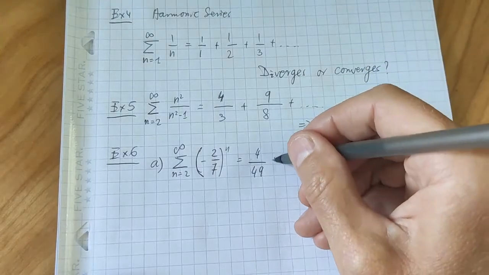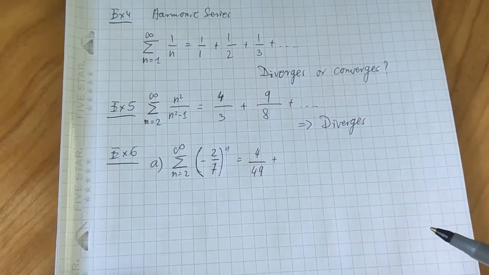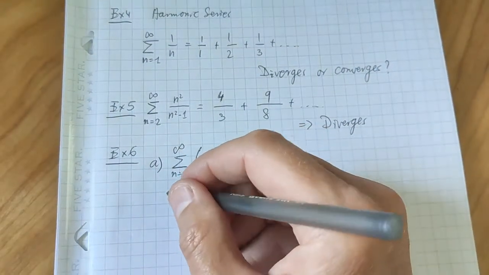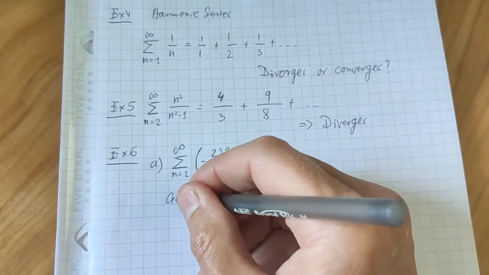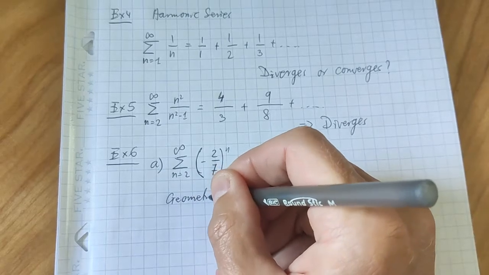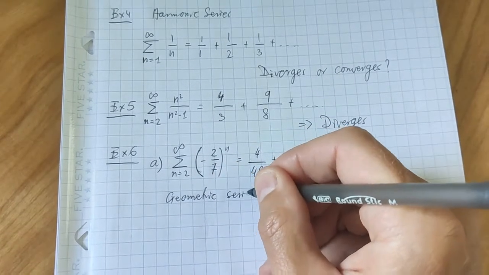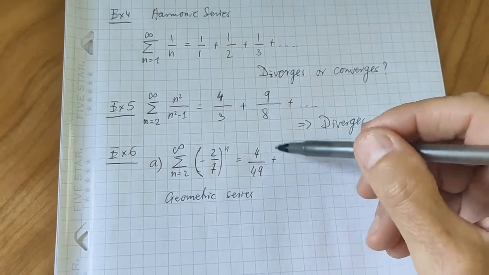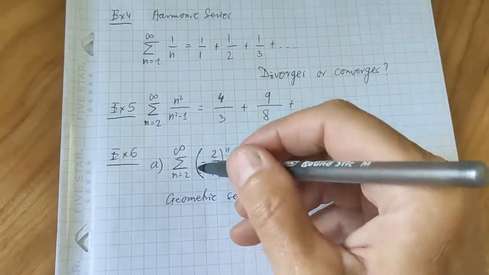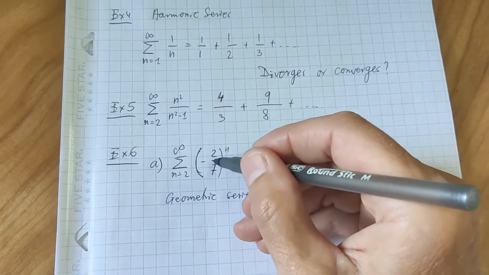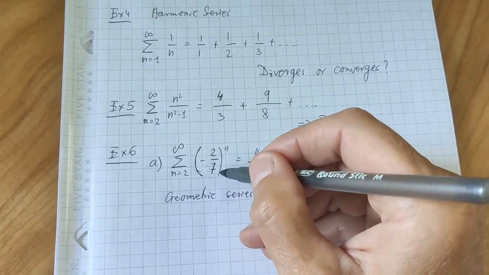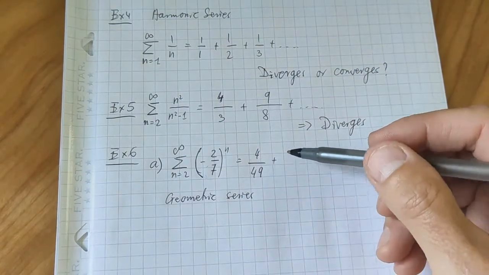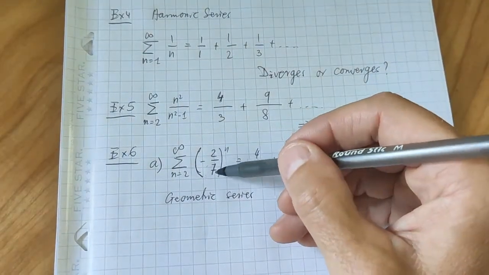So you can kind of see that the terms are getting closer to 0. And if you look at it closer, you can see that this is a geometric series. The terms are getting closer to 0 because the denominator will get bigger faster than the numerator, so I'll be dividing smaller numbers by bigger numbers.